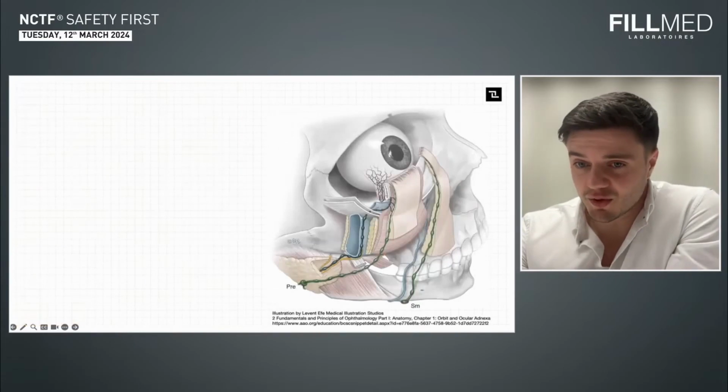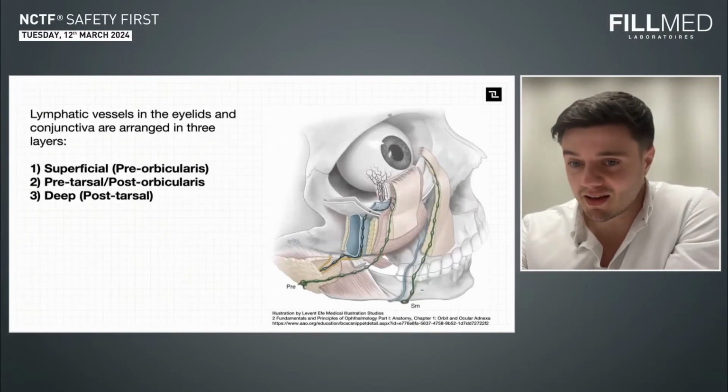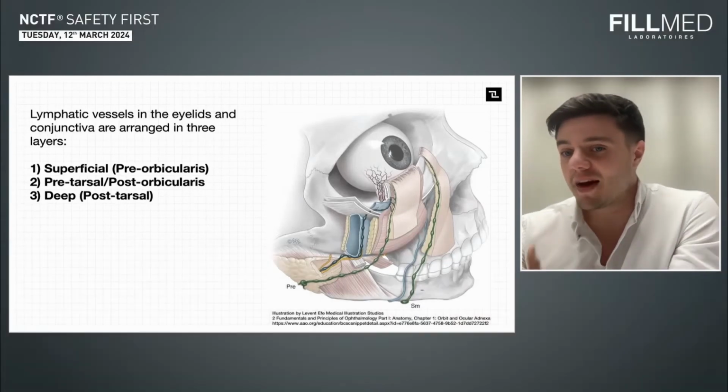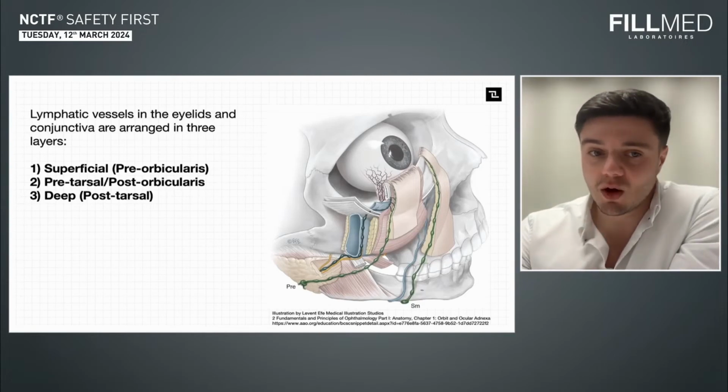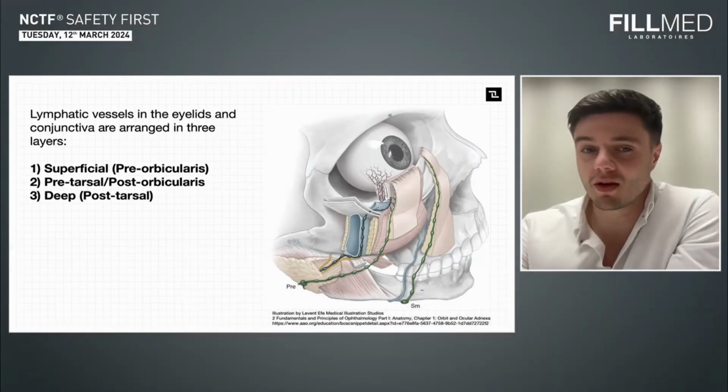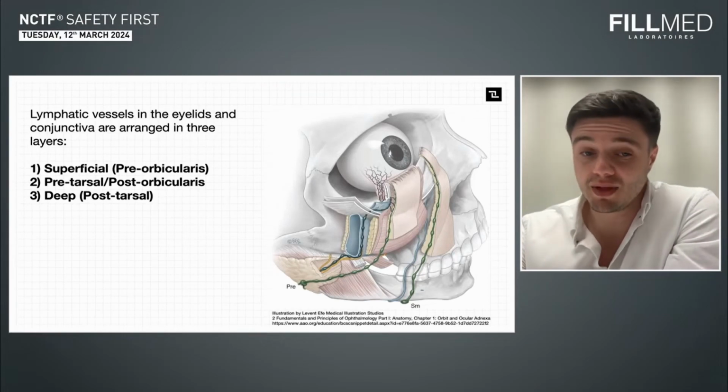In this beautiful illustration, you can see the delicate lymphatic system I was talking about. In total, we can differentiate up to 3 lymphatic pathways, if you will. So the first one is the superficial one that's in front of the orbicularis oculi muscle and beneath the skin.